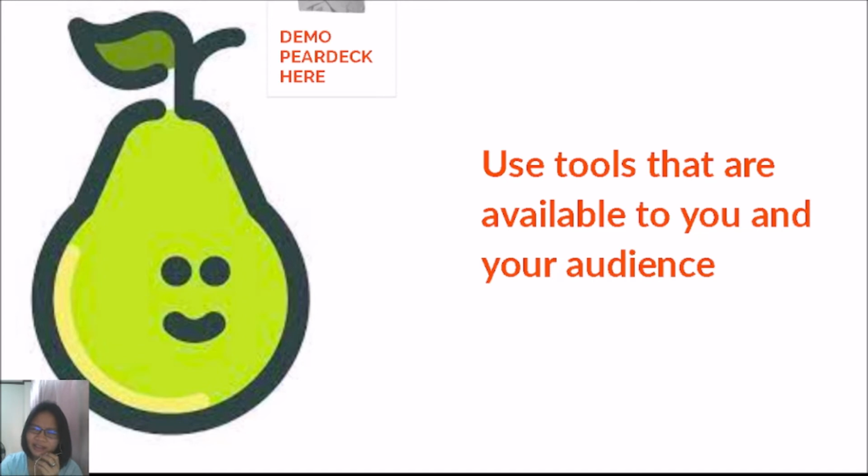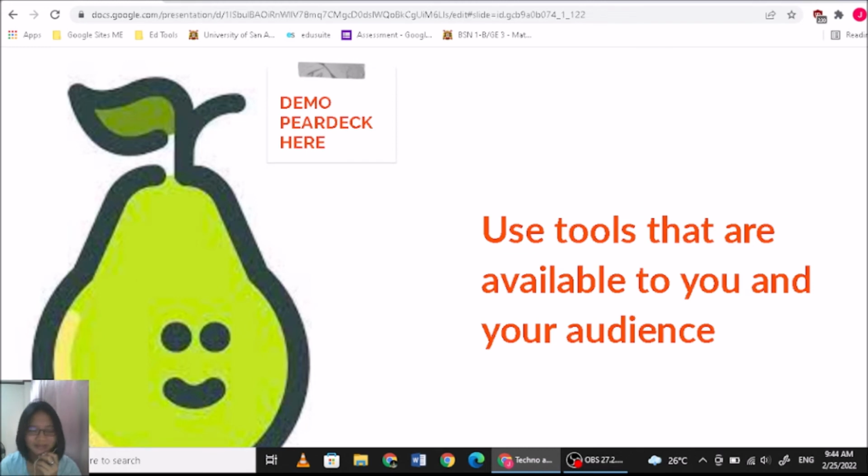The next is use tools that are available to you and your audience. This one I don't really recommend, PearDeck, for use in classes, but it's available. It needs a strong internet connectivity, but actually it is also cool.